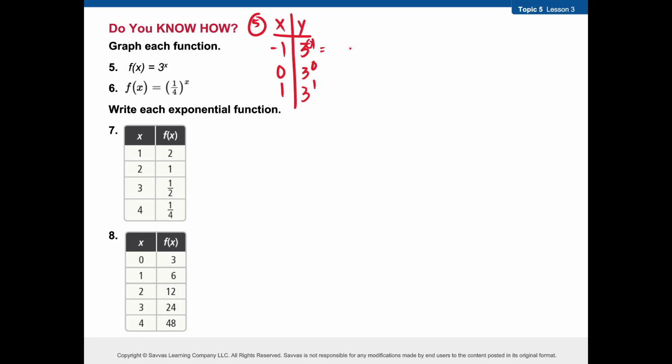Getting rid of the negative exponent, 1/3 to the first power. 3 to the 0 is a 1, 3 to the first is a 3. That's 0.3 repeating, so it'll be right around here. So the points are (-1, 1/3), (0, 1), and (1, 3).